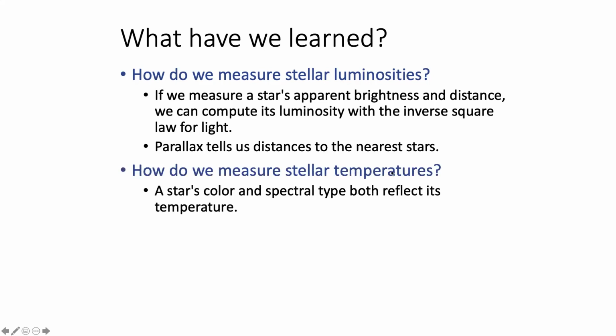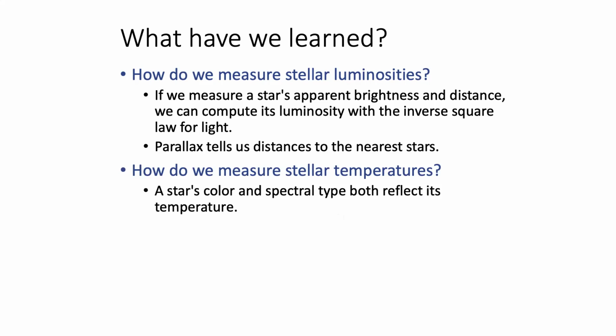Right. When it comes to measuring stellar temperatures, however, there are two things that we can look at. For now, let's just focus on color. We'll come back to spectral type later. But a star's color, right?